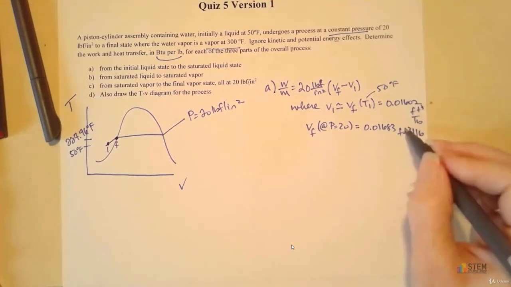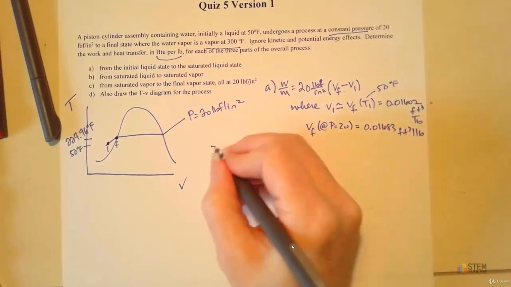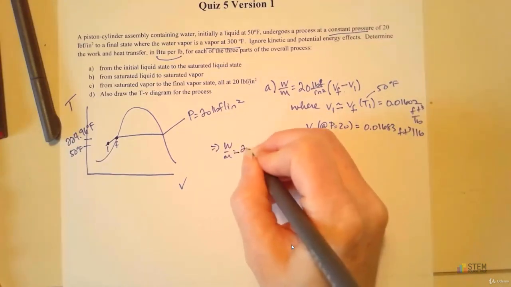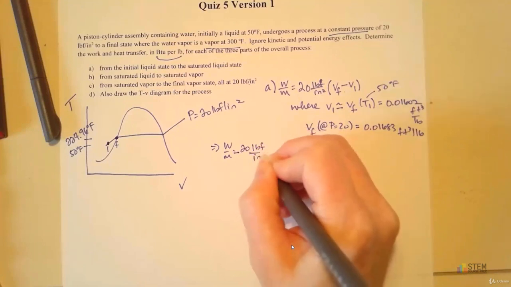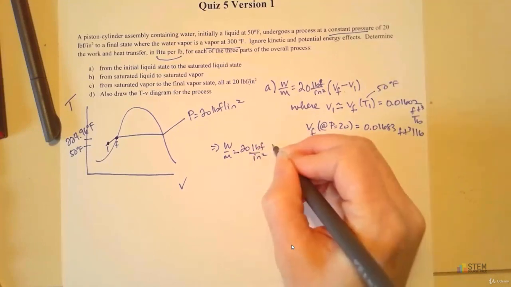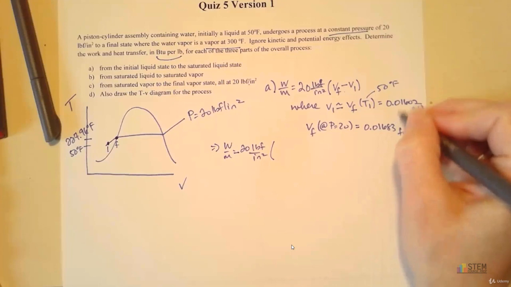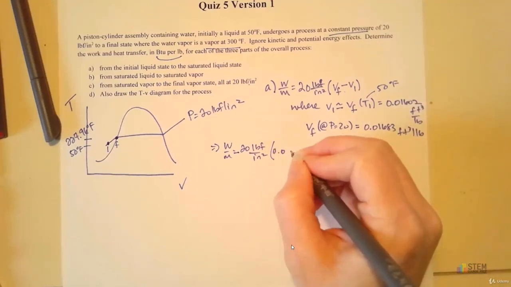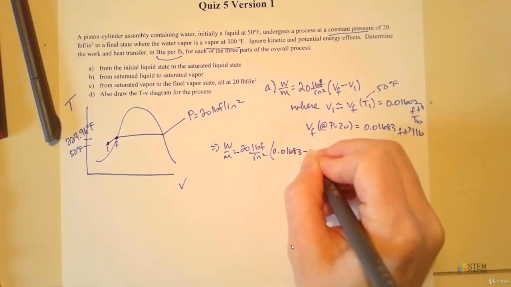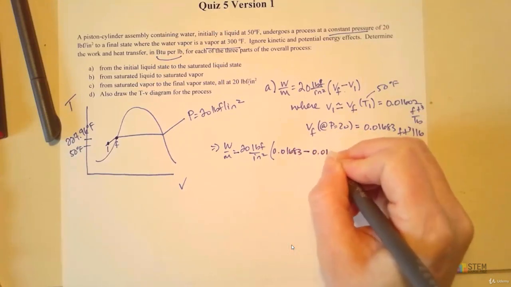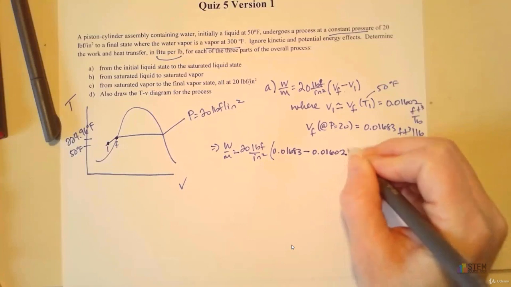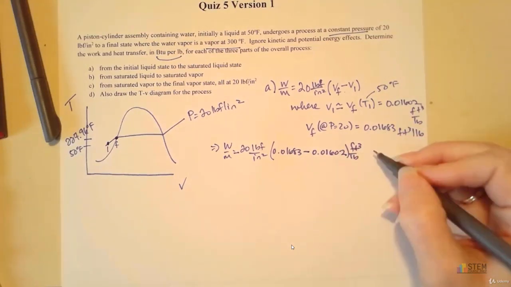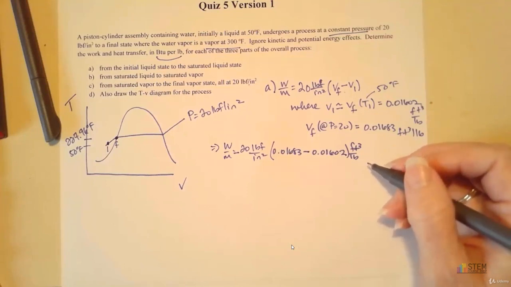Now we can just plug these values into this equation. And then, of course, we always have to do a unit conversion here. So there's our pressure, 20 psi. Put the specific volume values in here. The first one will be 0.01683, and subtract 0.01602. Those are both cubic feet per pound. And now we want BTU per pound.